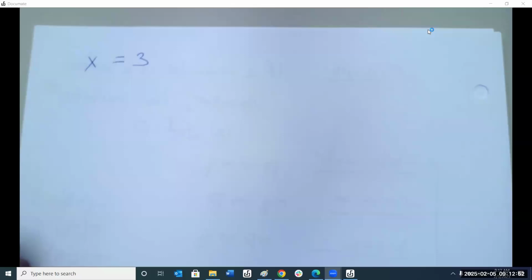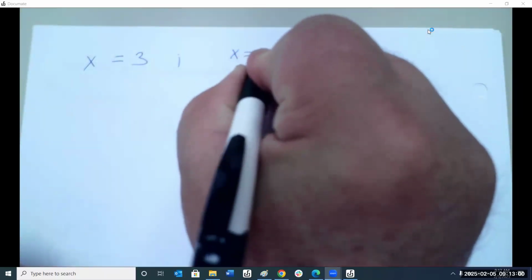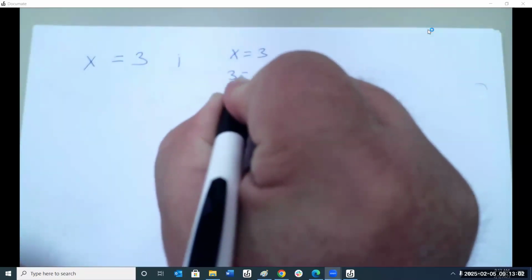Now we're going to look at when we say equals in mathematics. So if I said that x equals 3, then two things have to be true: x equals 3 and 3 equals x.